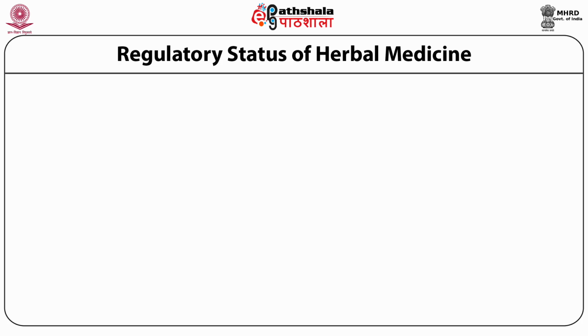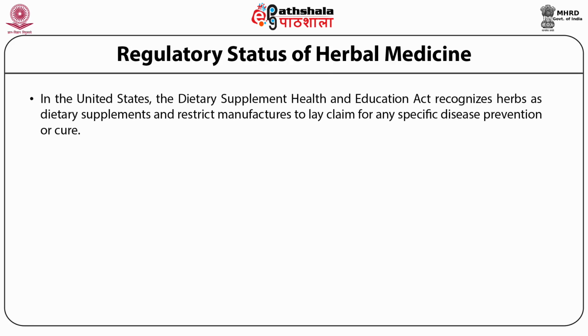Let us now discuss the regulatory status of herbal medicines in the Indian context as well as globally. In the United States, herbal medicines are not considered as drugs. Rather, they are considered as dietary supplements. They are regulated by the Dietary Supplement Health and Education Act.